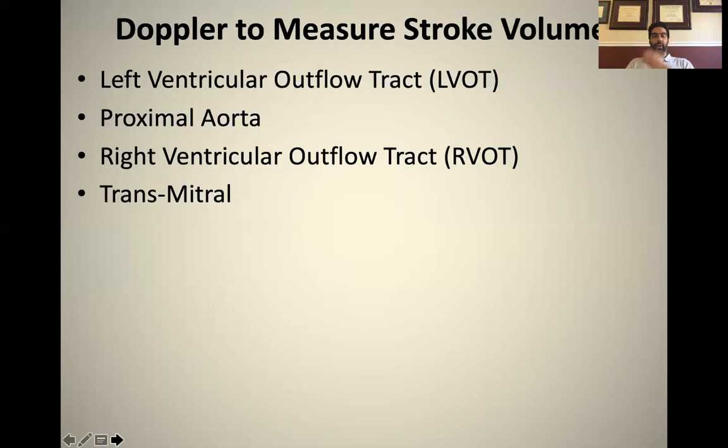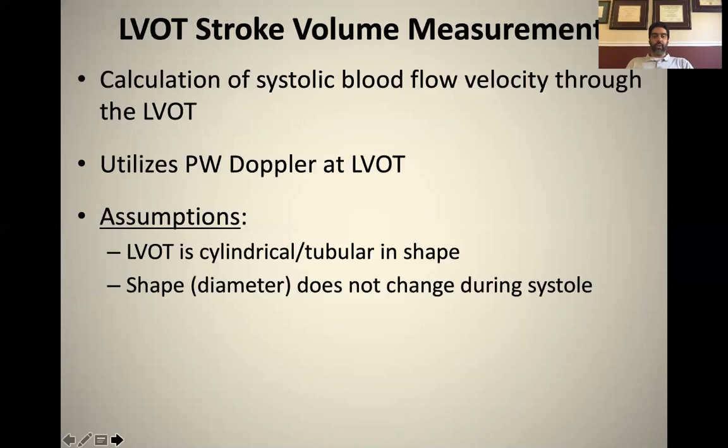Okay, but first let's talk about using Doppler to measure stroke volume. Because our cardiovascular system is a closed system, flow has to be constant everywhere. So you can really measure stroke volume anywhere in the heart, but the most convenient, the most reproducible, and the most usable location where we measure stroke volume is at the LVOT.